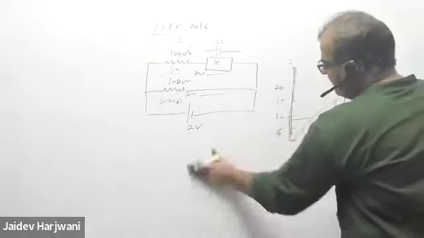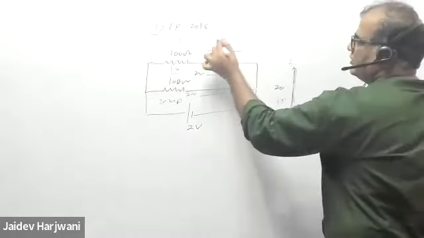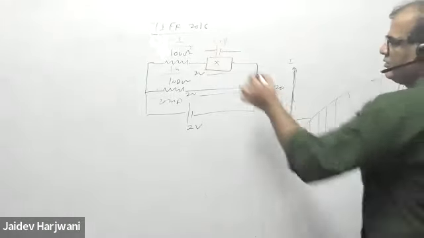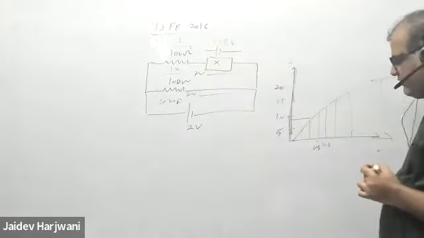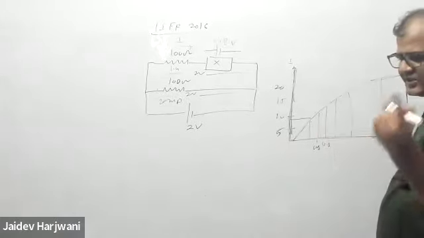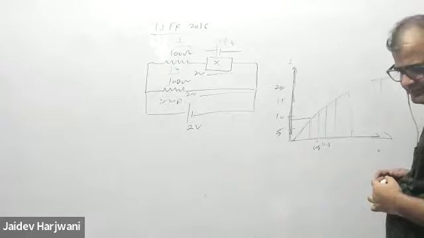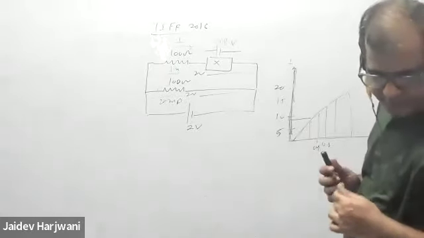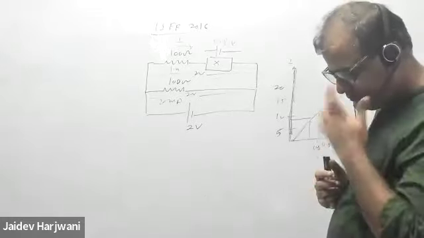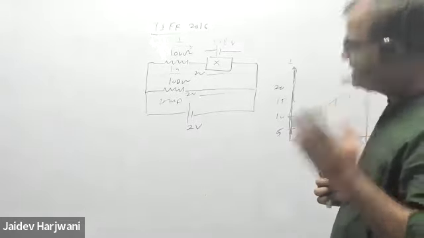So if I say my voltage is 0.8 volt, how much current is from 0.8 volt? See the circuit, see the graph. For 0.8 volt, how much is the current? Agniva. Sir, is it 12? Yes, 12.